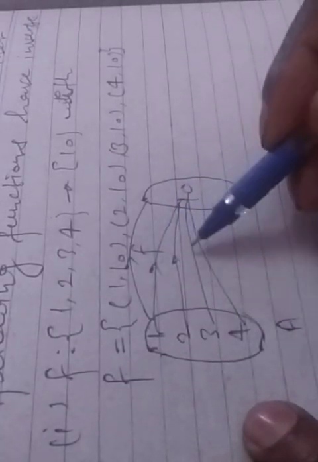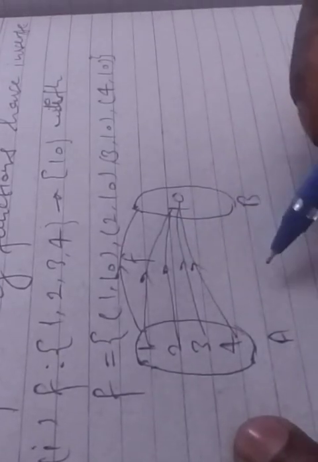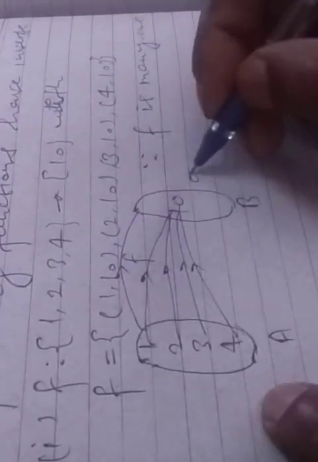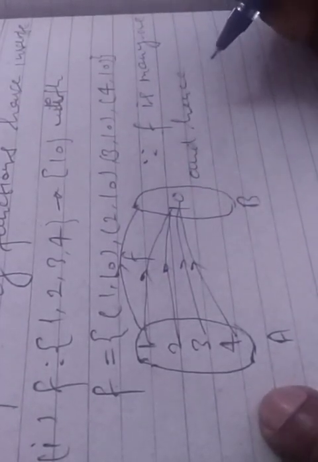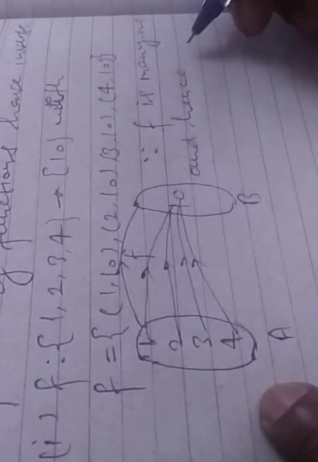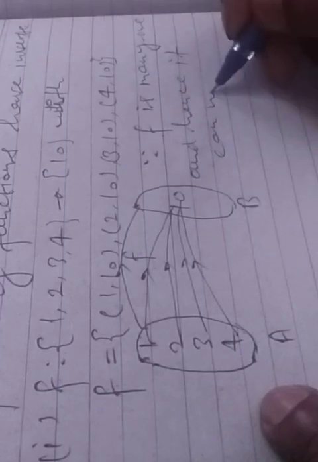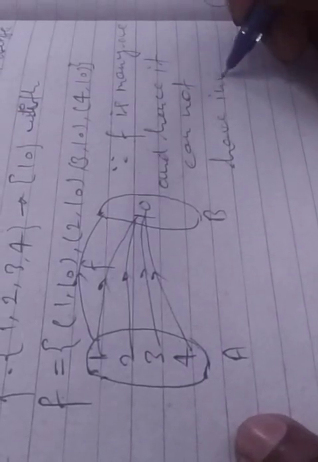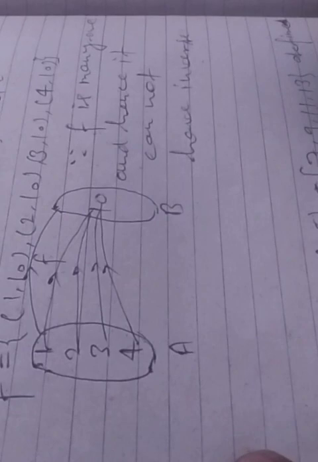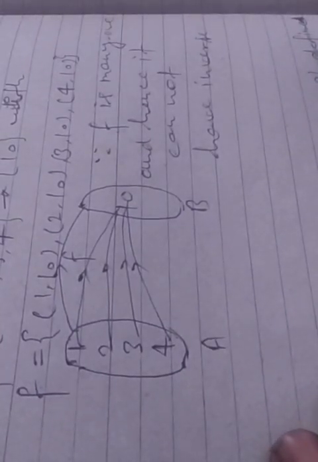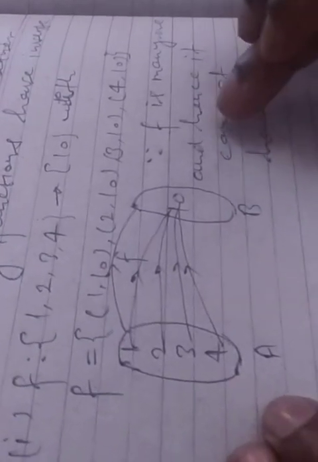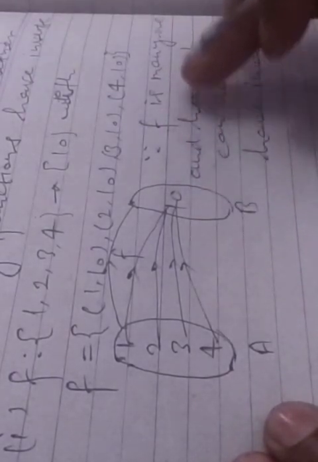We can say that f is many one, since the function f is many one, and hence it cannot have inverse, because we know that any function may have inverse function if the function is 1-1 and onto, but we see that this function is not 1-1, this is many one.